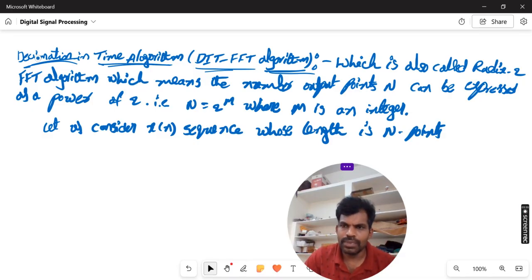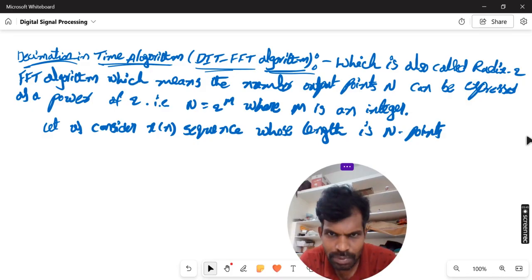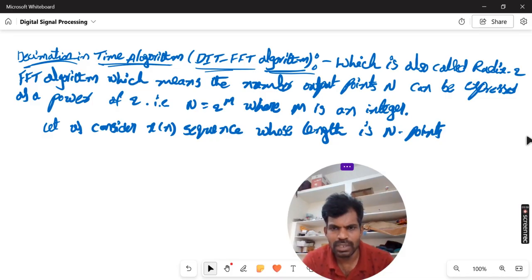Mainly in the DIT FFT algorithm, not only in DIT, either DIT or DIF, that is decimation in time or decimation in frequency FFT algorithms, we are going to divide the input sequence into even samples and odd samples. So that is the reason we can call it a fast Fourier transform compared to the DFT, to reduce the computational complexities. What are the computational complexities? Here the computational complexities mean the number of complex additions and complex multiplications.